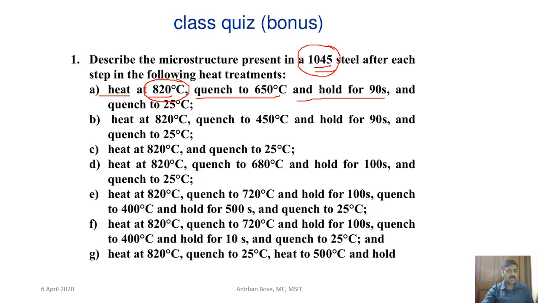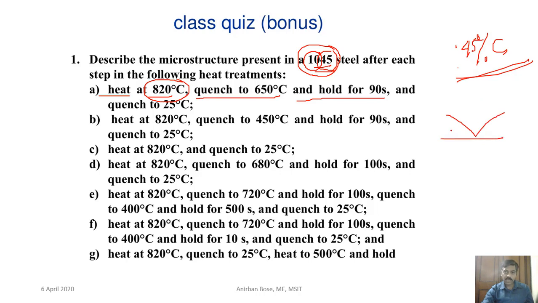In 1045 steel, the 10 indicates it is a plain carbon steel, and the 45 indicates 0.45% of carbon. 0.45% of carbon means hypo-eutectoid steel.